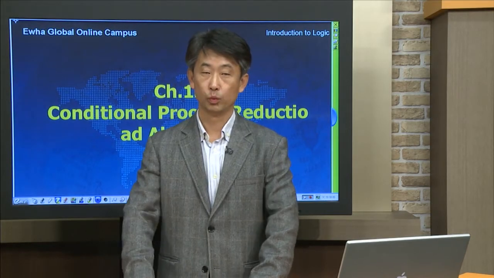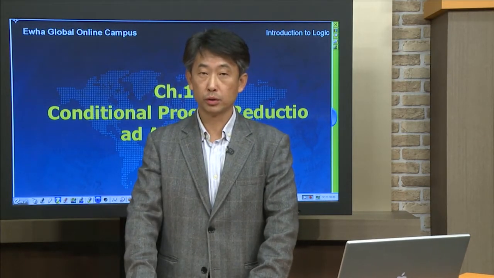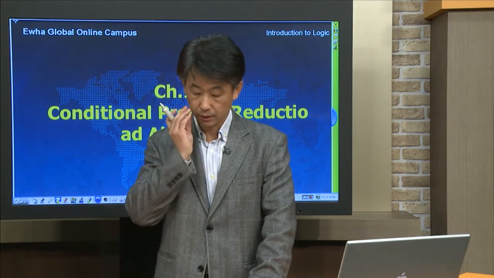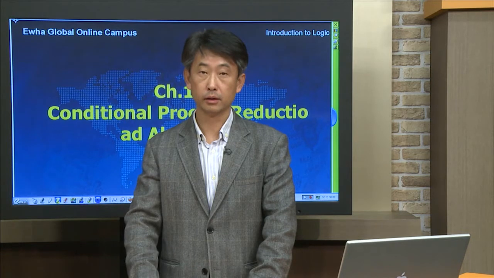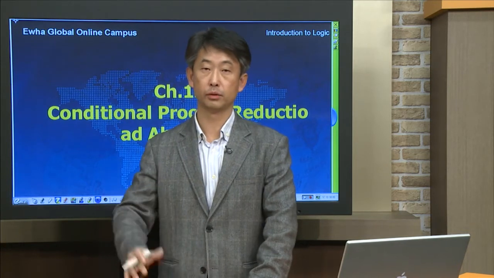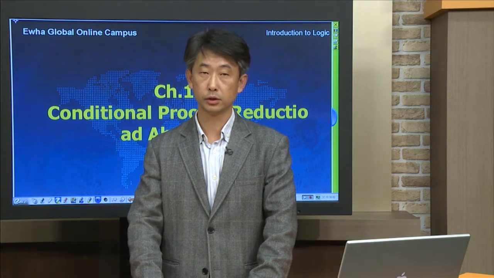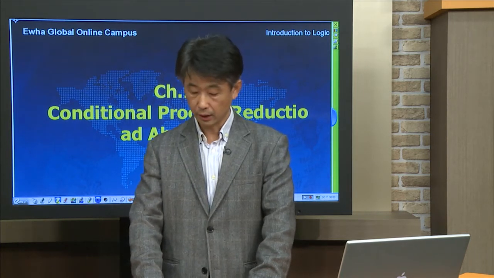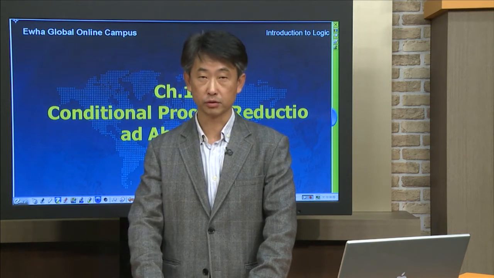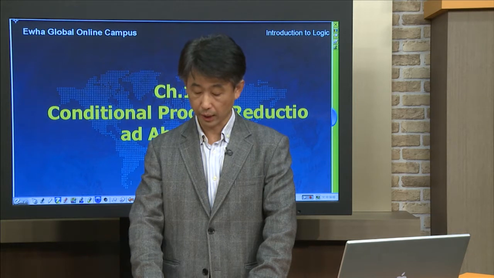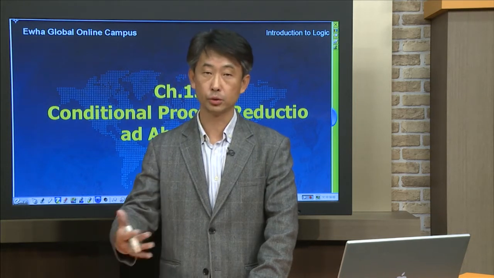Hi. We will continue to work on chapter 13 this week too. The last part of chapter 13 introduces the two special kinds of proof technique. One of them is called conditional proof, and the other is called reductio ad absurdum, reduction to absurdity.